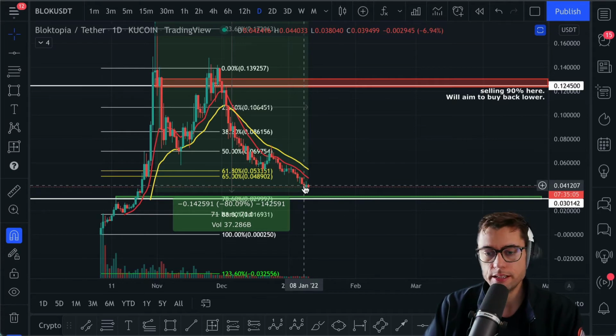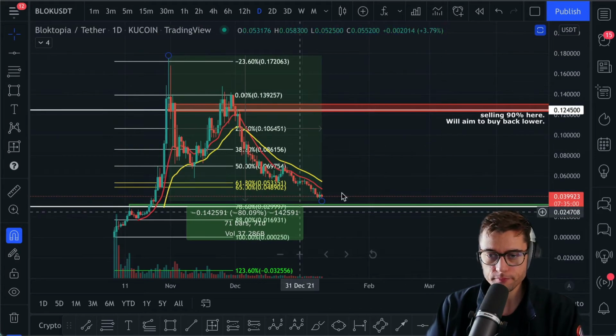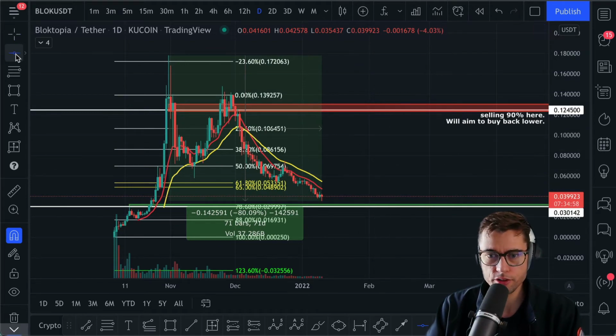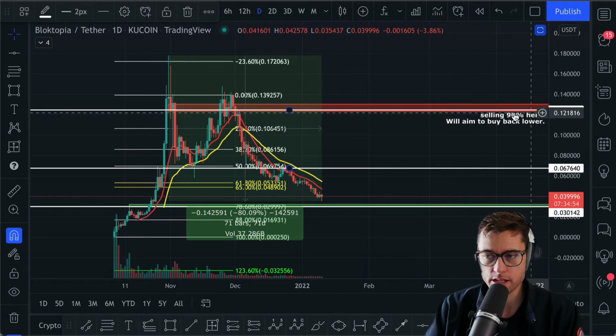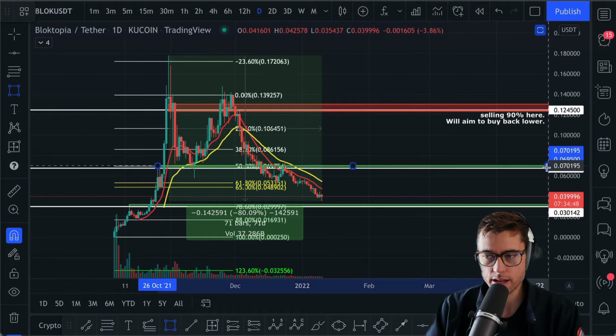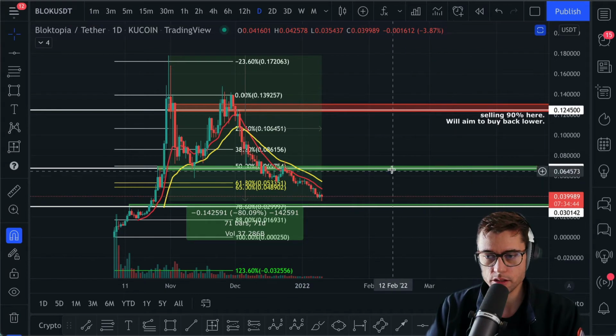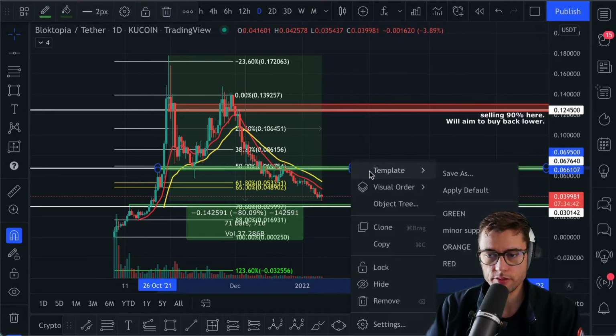So yeah, Block not looking too hot, but I think what I'll do is lower my 90% take profit to here, because this is now a new resistance that is, to be honest, fairly significant in my opinion.